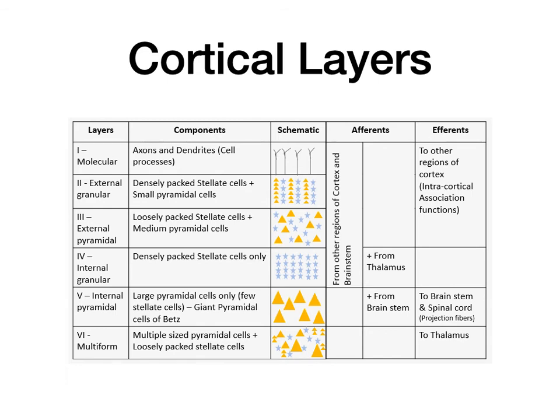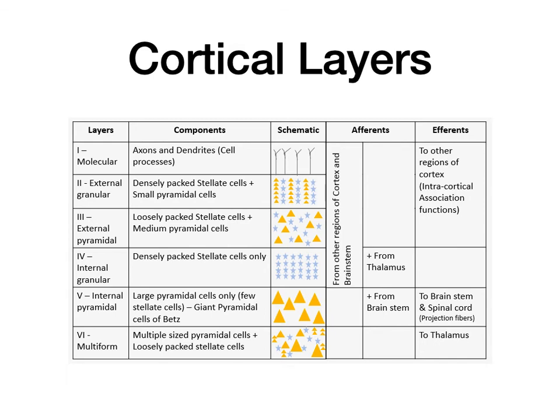Then we keep getting further down. We see new combinations of different kinds of cells, lots of stellate and pyramidal cells, some densely packed, some loosely packed. And so the idea also being that regardless of the exact concentrations of different kinds of cells, really what's being connected?